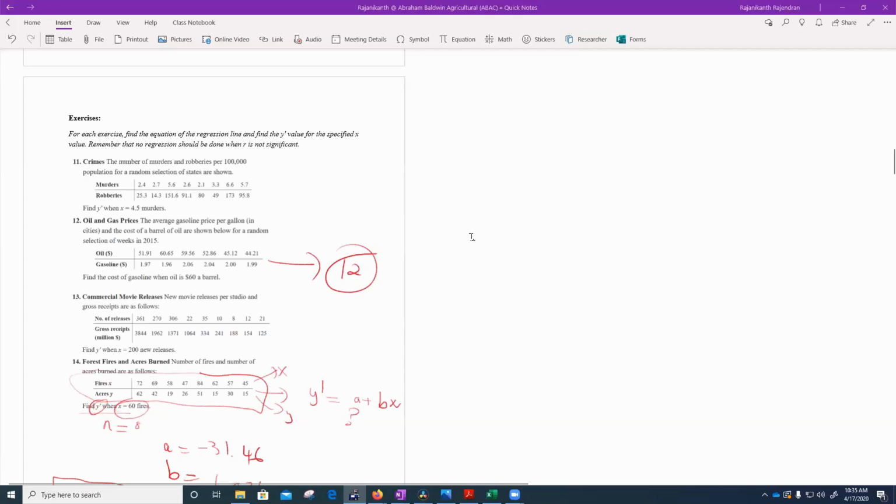Okay, so you're going to tell me the answer. Remember, we are looking for y prime, that is a plus bx, my formula here. So a and b values. A value is literally the b value of your calculator. So if you look at your calculator b value, what is the answer you got?